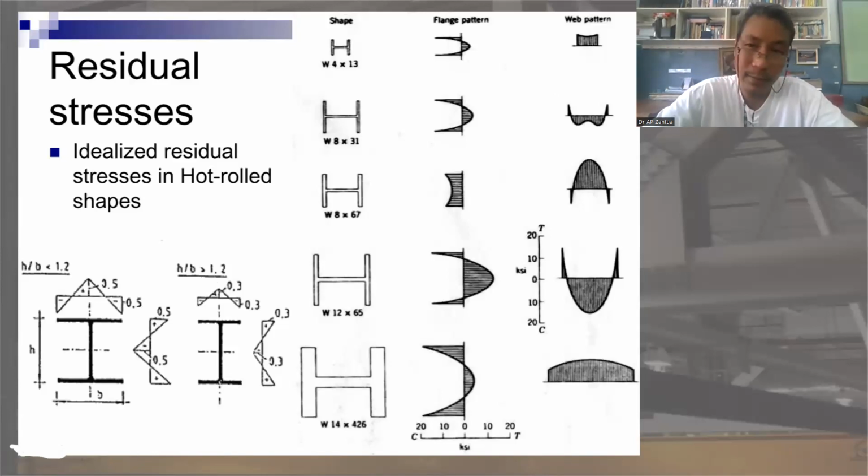Take note of the threshold: 1.2. If H divided by B is greater than 1.2, take note of the stress: negative 0.3 instead of negative 0.5, then at the center, positive 0.3 instead of positive 0.5. So there is a limited residual stress depending on whether H divided by B is less than or greater than 1.2.